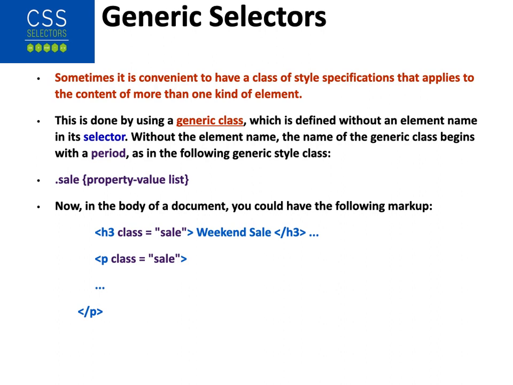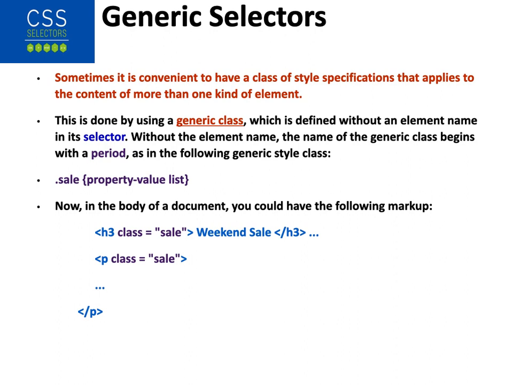And this is done by using generic class, which is defined without an element name in its selector. Without the element name, the name of the generic class begins with a period, as in the following: generic style class dot sale, property value list.